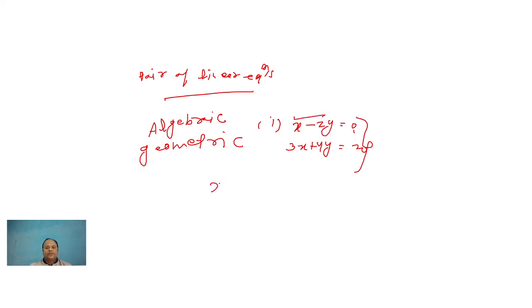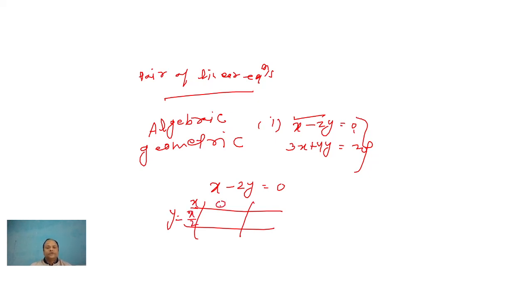Suppose I take the equation x - 2y = 0, and I am going to take two solutions for this equation. If this is x, then y = x/2. Suppose x = 0.